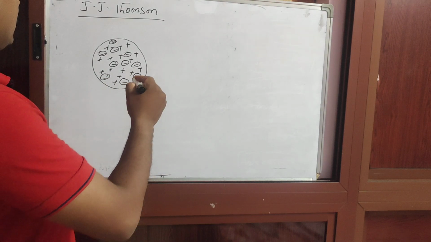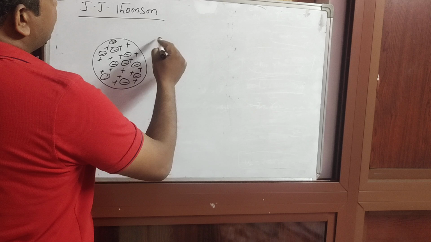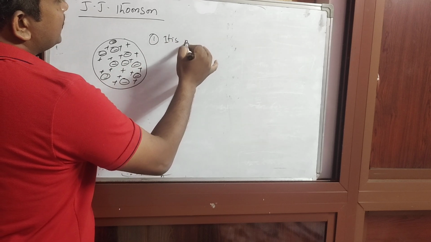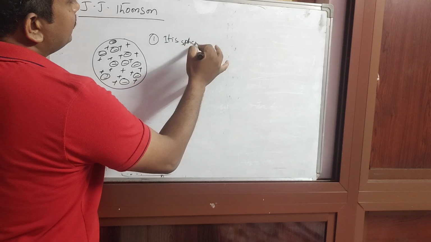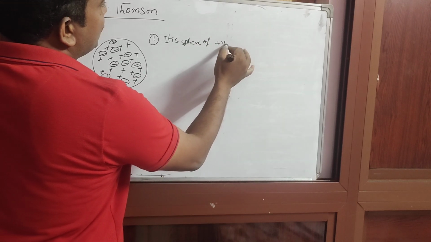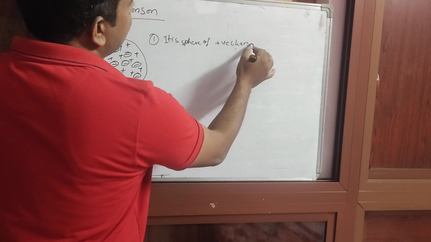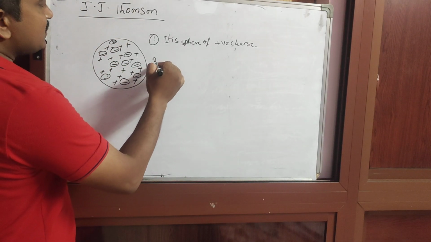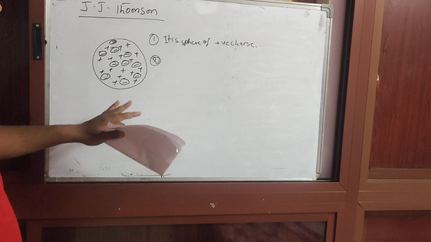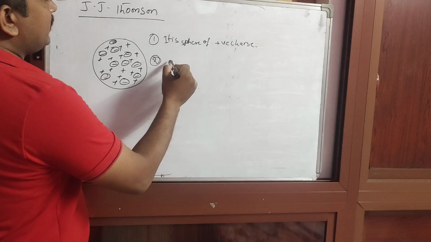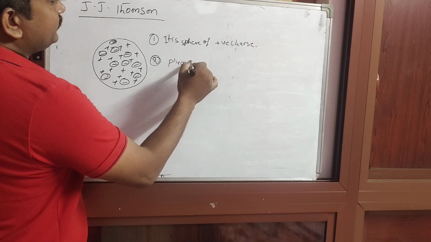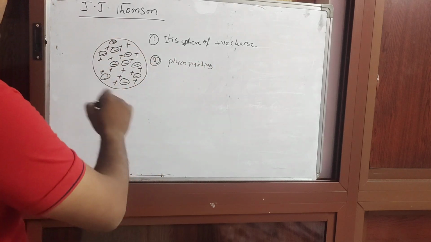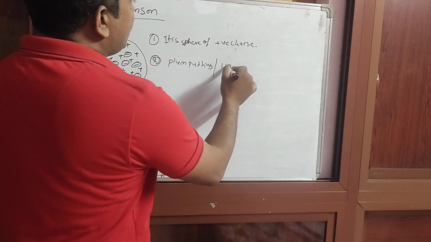What he has observed: one, the atom is completely a sphere of positive charge. Second, this model is called the plum pudding model, because the negative charge is like pudding, and also the watermelon model.